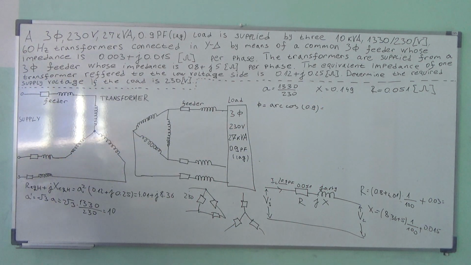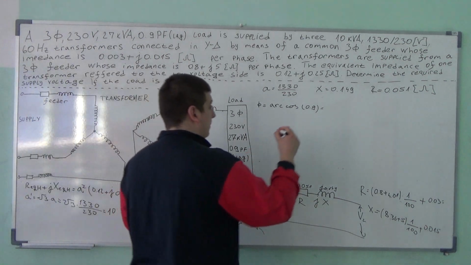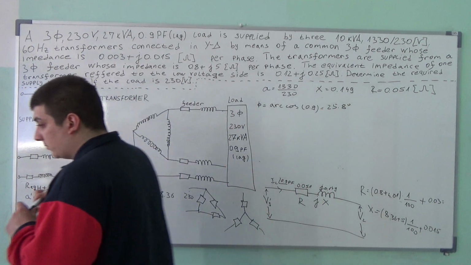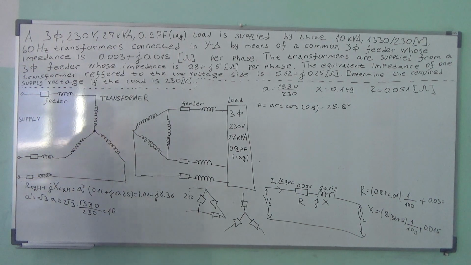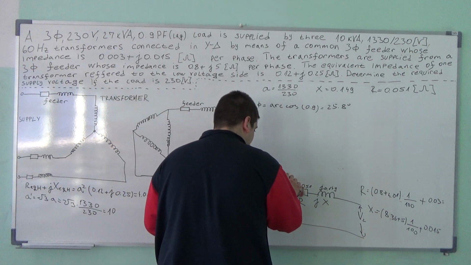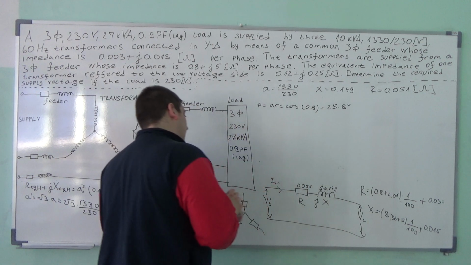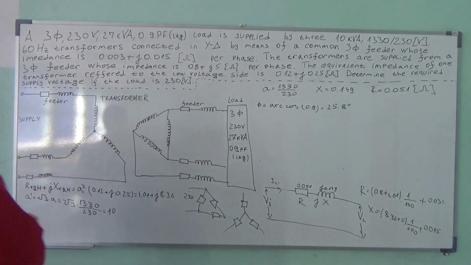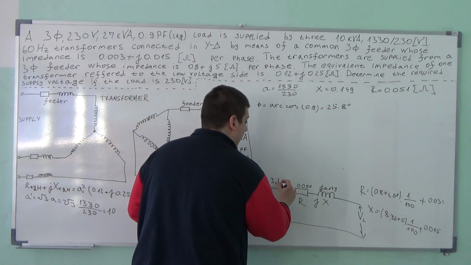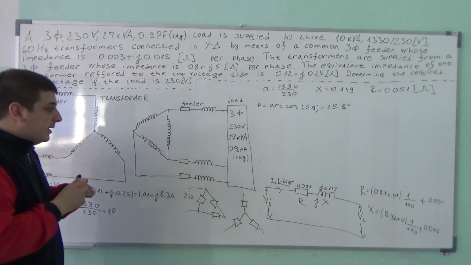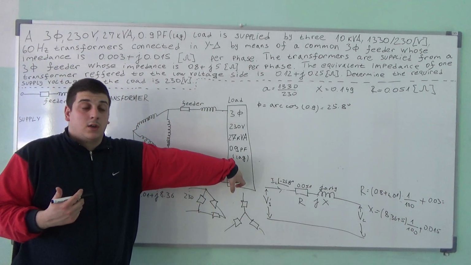That is equal to 25.8 degrees. So the current is IL, but minus 25.8. Why minus 25.8? Because it says it is lagging.